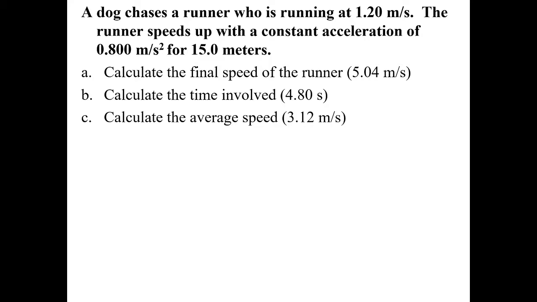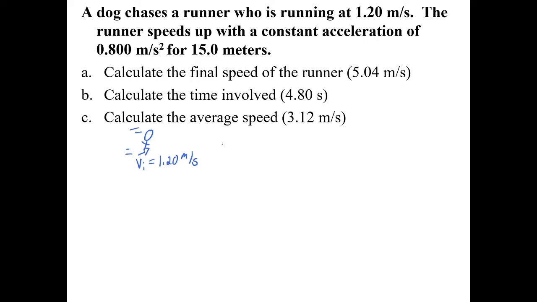All right, let's do one more, and then we'll wrap up. So a dog chases a runner who's running at 1.2 meters per second. So here's our runner. So V initial is 1.2 meters per second.